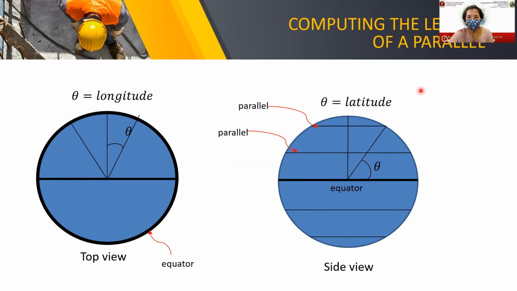Now, our goal is to determine the length of the parallel of a certain sphere. So how are we going to compute the length of this parallel, given that we have the latitude of that parallel? For example, we are going to compute this parallel. We need to be sure that we already know the latitude of that parallel. So if we have the second parallel, this one, in order to get this, we need to compute its latitude.